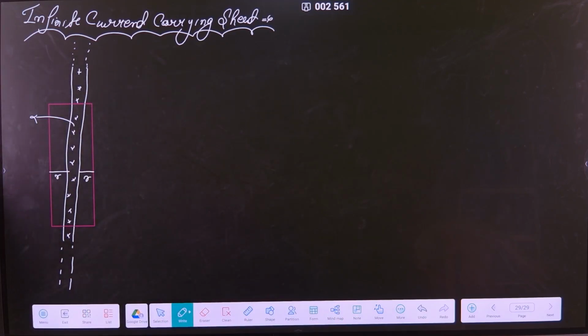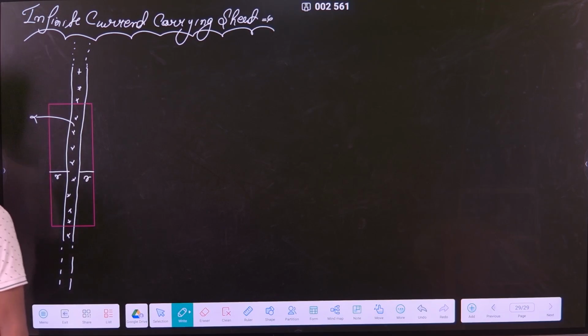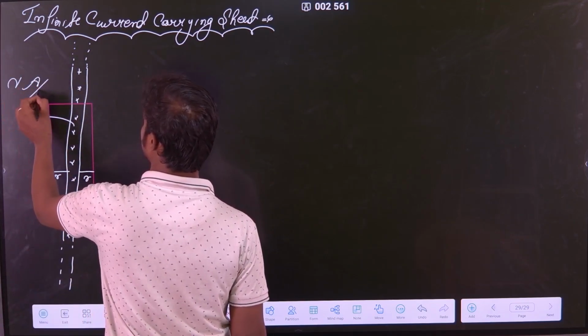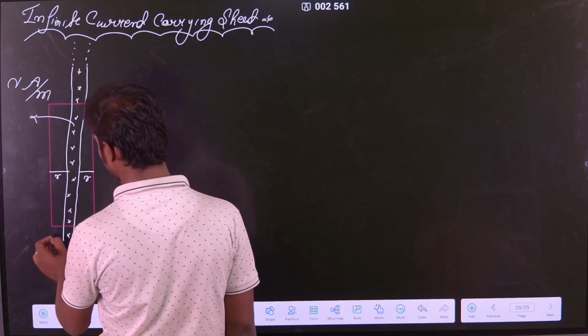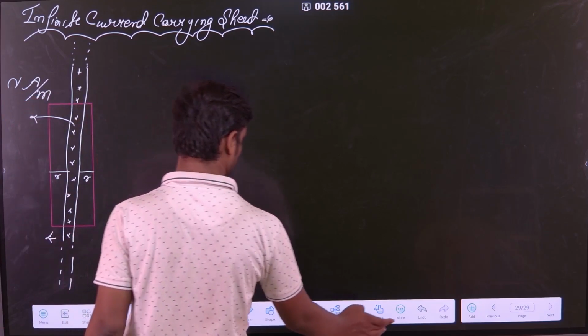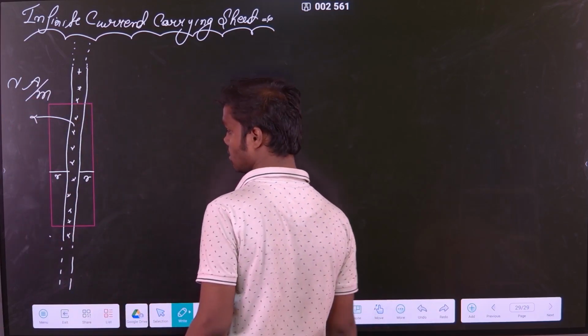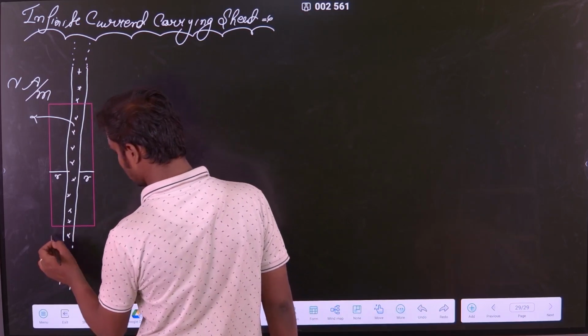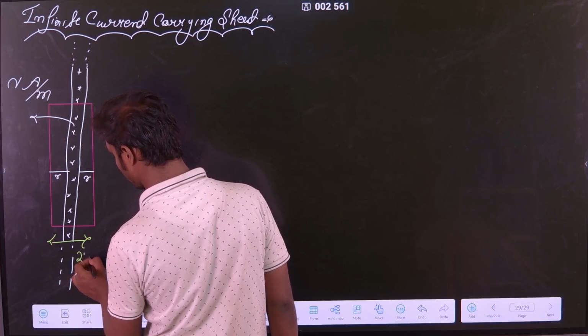The current per unit length is given as lambda, that is ampere per meter. And suppose we have taken this as a length of 2r.